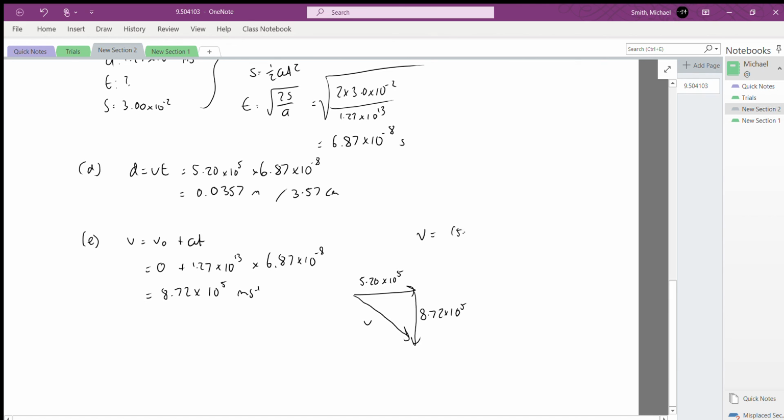So 5.2 times 10 to the power of 5 squared plus 8.72 times 10 to the power of 5 squared, all square rooted, which if we substitute into our calculator, we get 1.02 times 10 to the power of 6 meters per second.